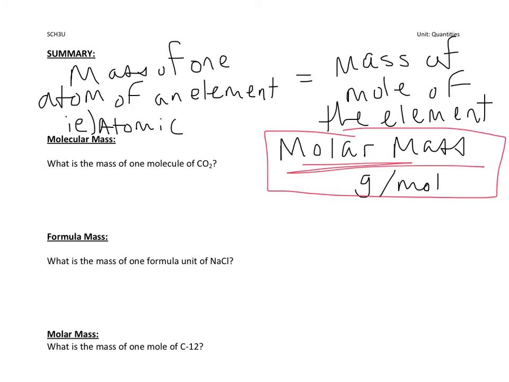Molar mass, grams per mole. No E on the end. It's MOL. It is a unit. I know, Miles. Mole wasn't a unit. But you said it wasn't before. I don't know if I ever said that, but just like dozen is an amount, mole is an amount, and we can measure it.